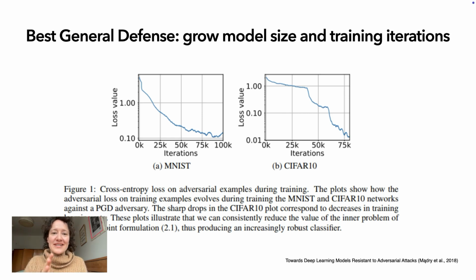Well, memorization research was just starting around this time. So this was one way of looking at the problem: maybe we're memorizing some of the adversarial examples as a way to then appropriately classify them at inference time.